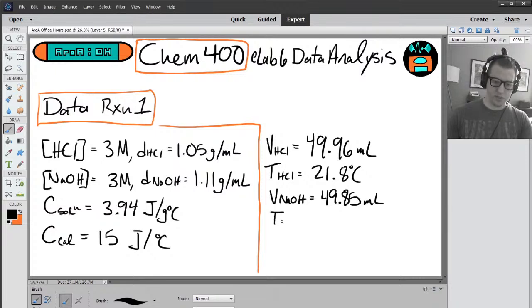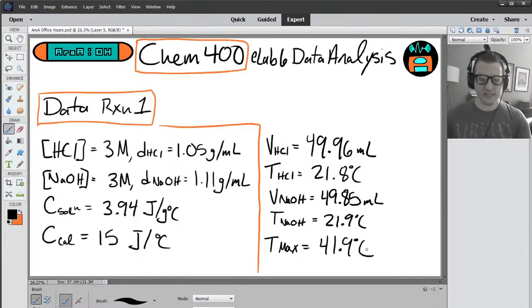The temperature of sodium hydroxide is 21.9 degrees Celsius. And then the max temperature is 41.9 degrees Celsius. Okay.